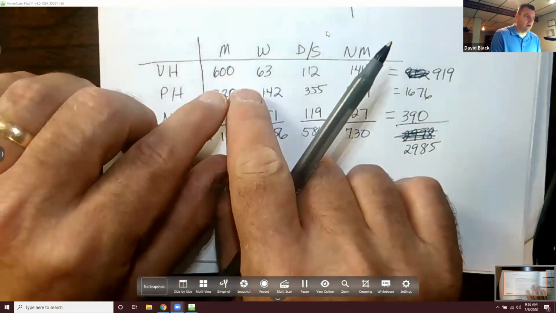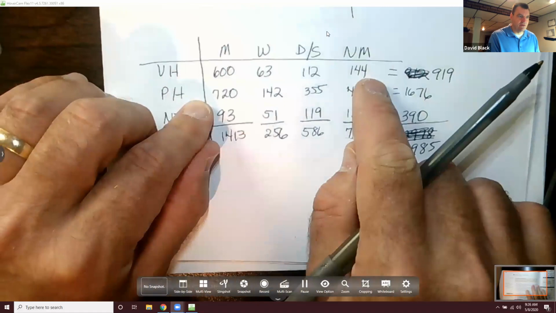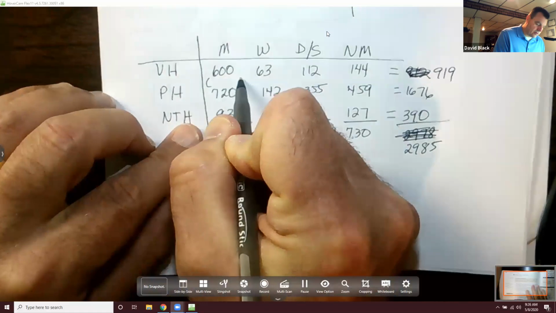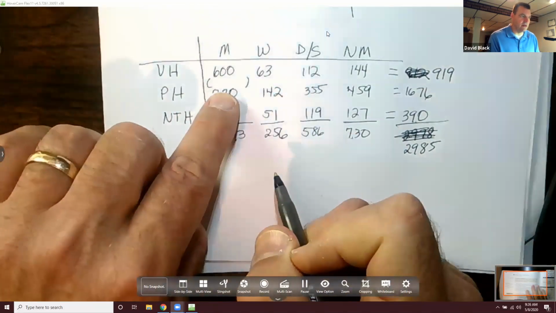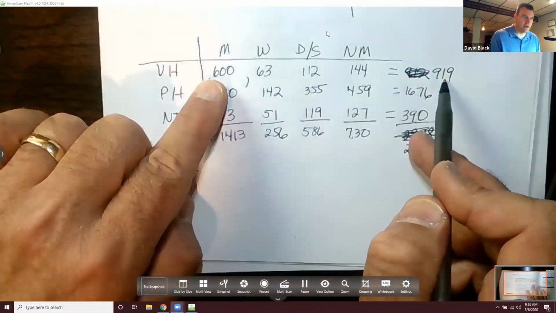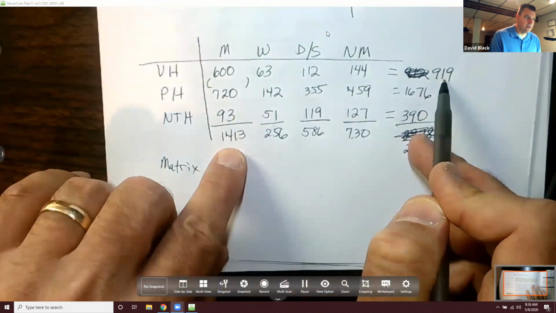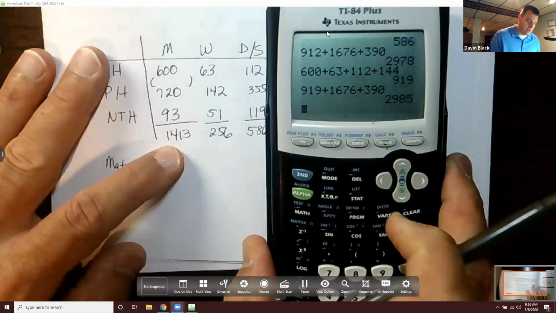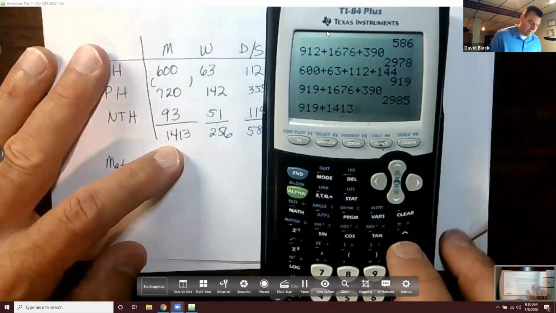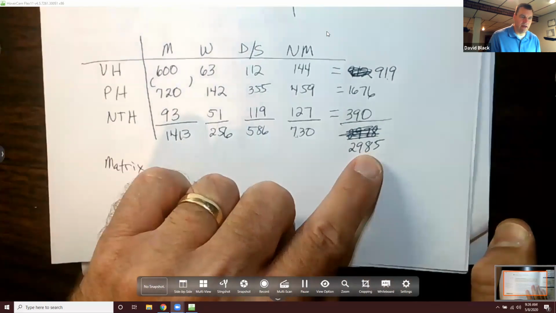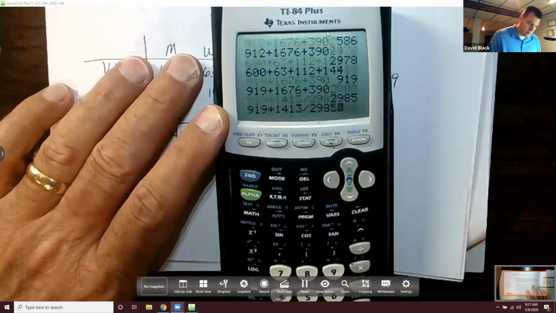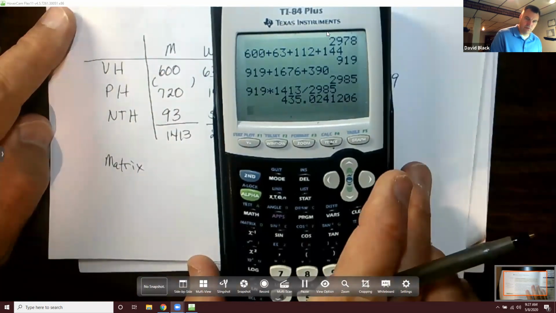Okay, so now let's go and figure the expected values for each one of these cells. Your book puts that number in parentheses for each cell, okay? So for 600, the row total is 919, the column total is 1413, so I multiply those and then I divide by the table total of 2985. 435.024.